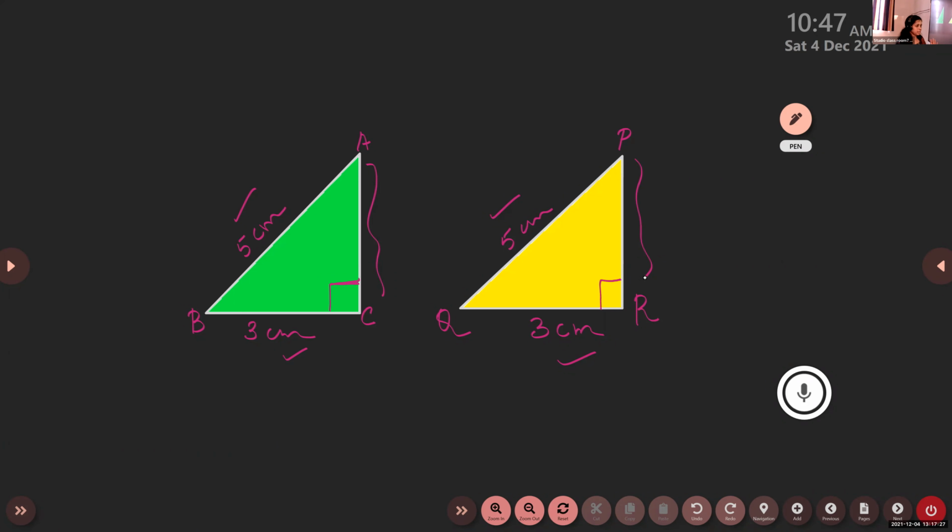So in the case of a right angle triangle, you have to check only whether their hypotenuses are of equal measure, and whether any one side, either altitudes or bases, are the same. That's all. Then you can conclude that the triangles are congruent. That is the meaning of RHS congruence criteria. Clear, children?